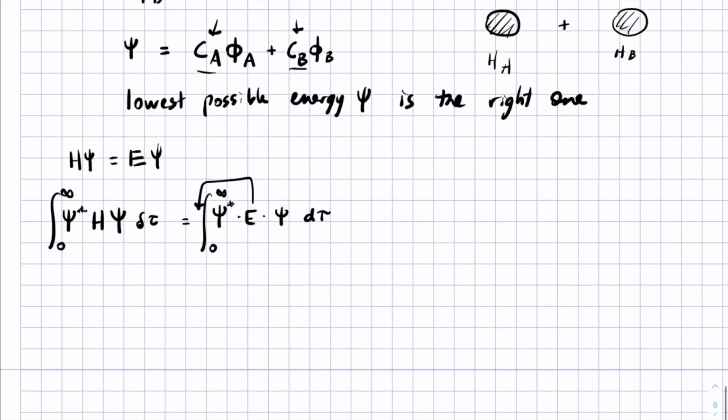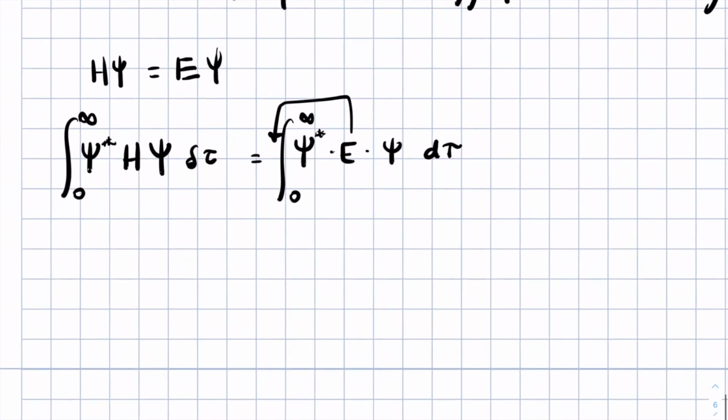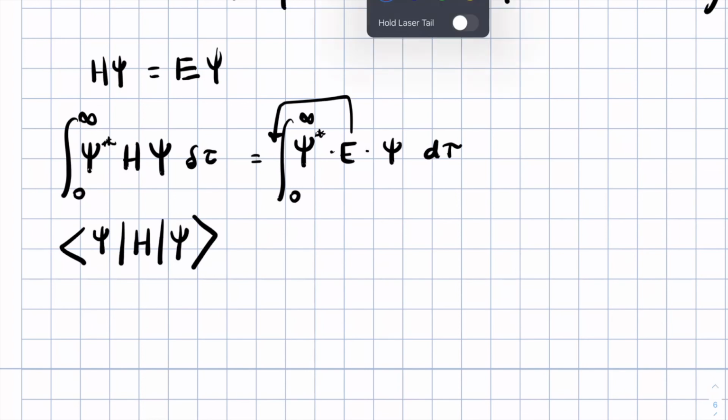And I'm going to introduce a change in notation for simplicity's sake. People get tired of writing integrals from 0 to infinity and with d tau. So we're going to use bracket notation and drop the star too. Everything on the left side of the operator, you're interpreting as a complex conjugate of the wave function, but we're going to forget about that now because the computers are going to take care of it for us.